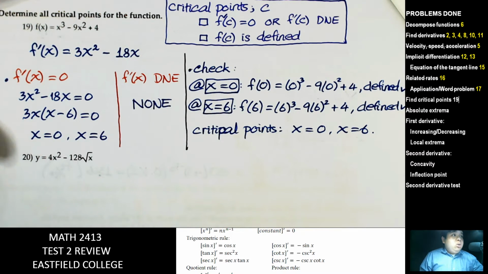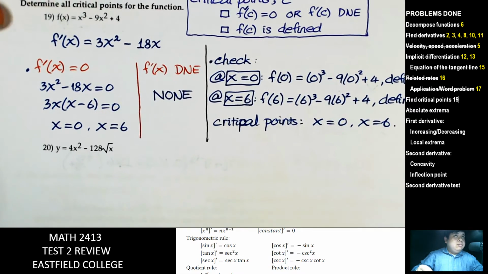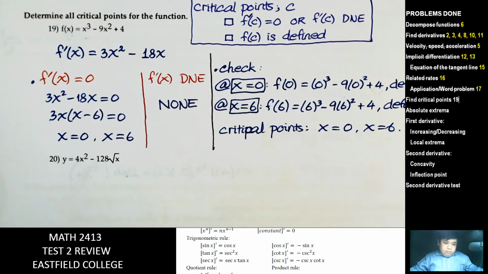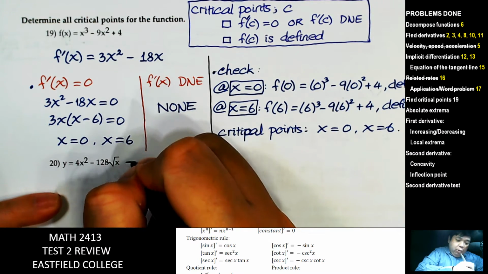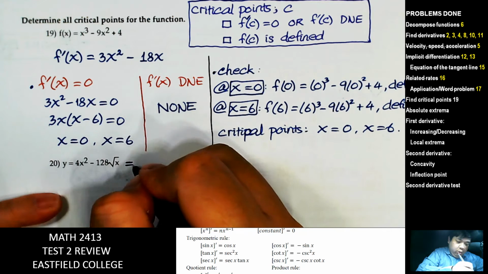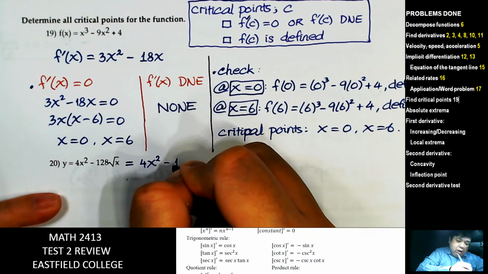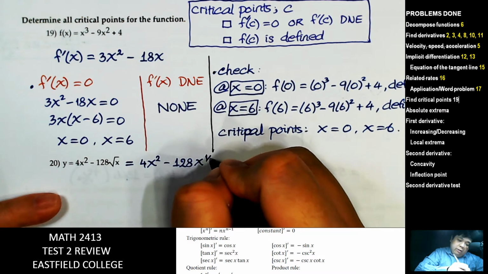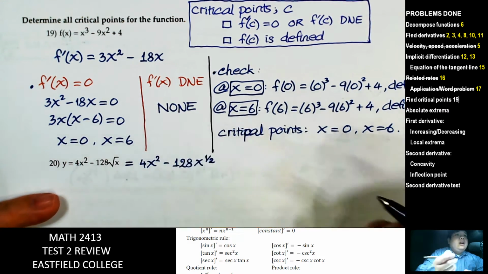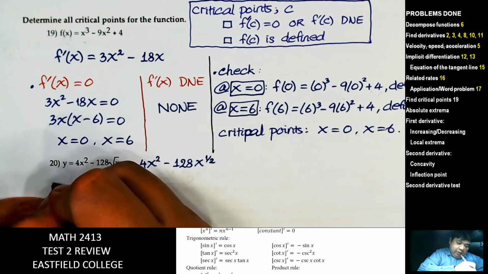Right, next we'll go to 20. Before I take the derivative, I will rewrite that as 4x squared minus 128 x to the 1/2. Right, now we'll do it. Find the derivative.